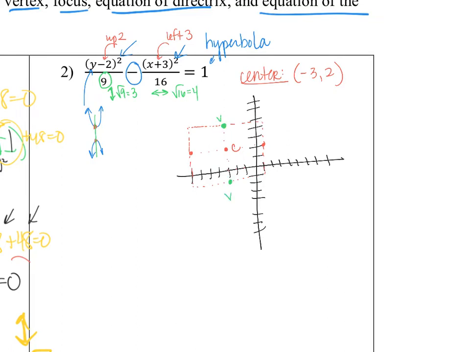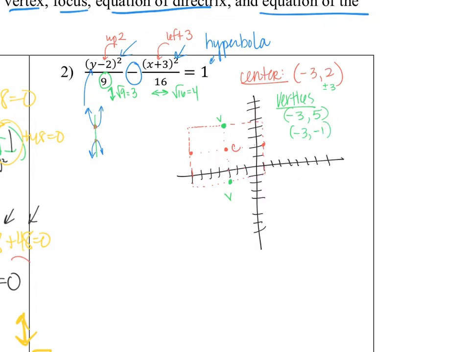The other two dots that help me form the rectangle, we won't have to identify those. So for my vertices, again, we went up and down 3, which means plus and minus 3 to our y values. So it'll be -3, 2 plus 3 is 5. And if I subtract 3, that'll put me at -1, which you can check matches up with our picture.